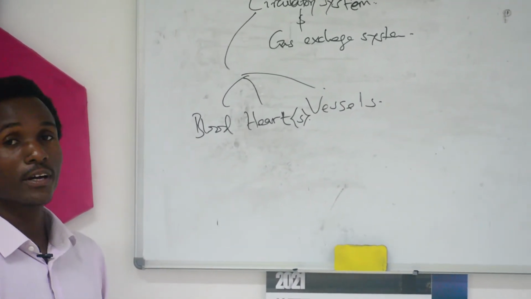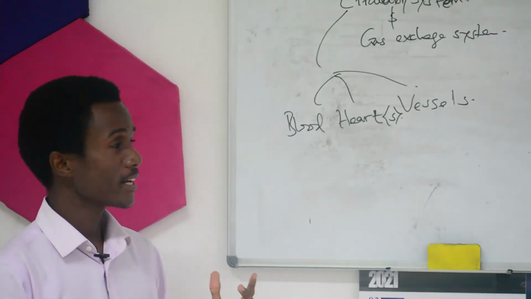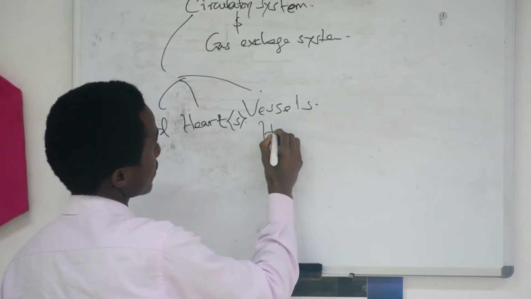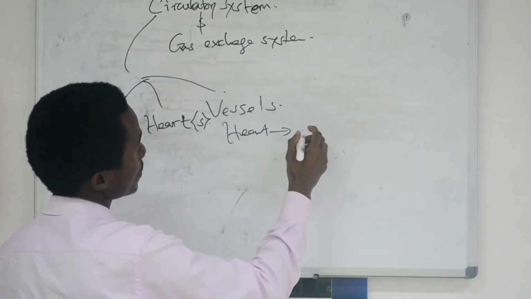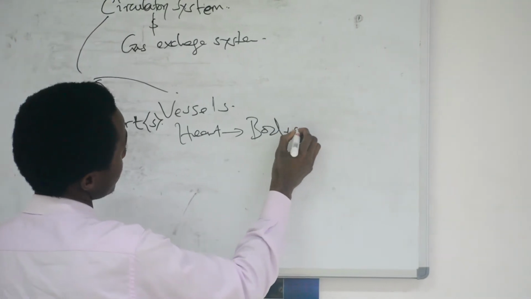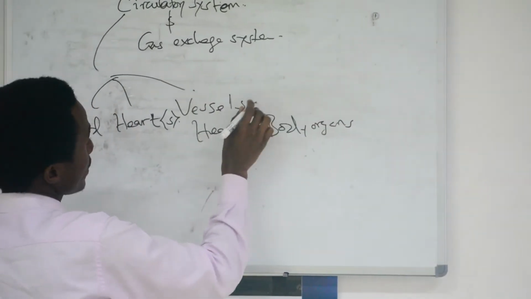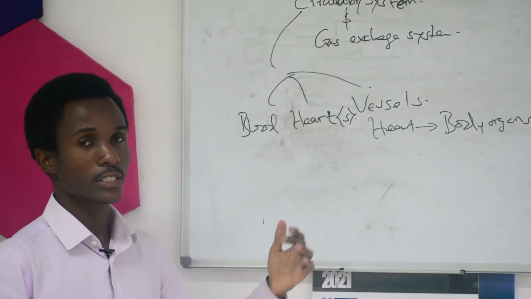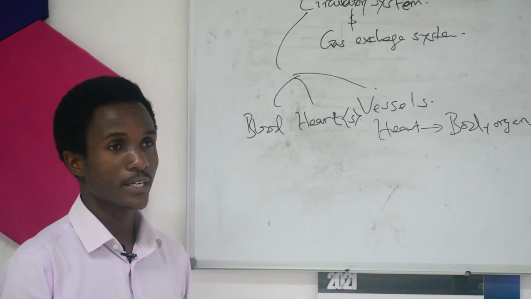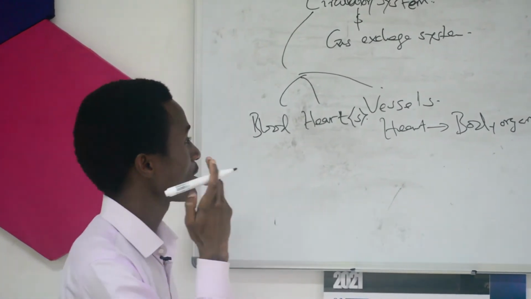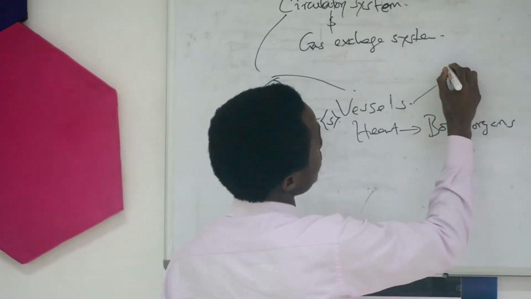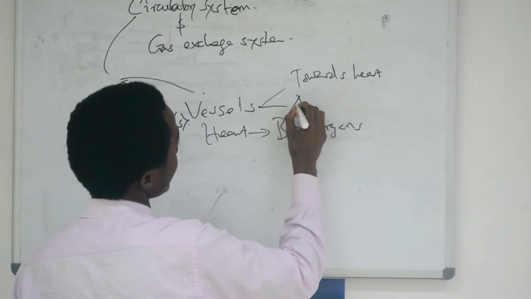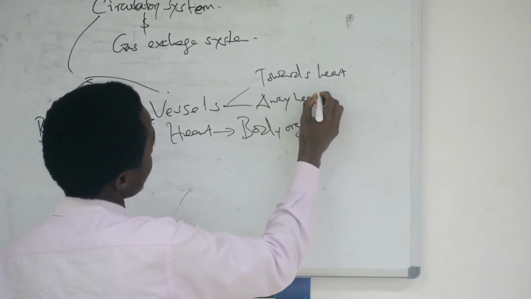These are tubes of various sizes which function to deliver blood from the heart to other body organs. And these vessels are classified in accordance with the direction in which they transport blood. There are only two possible directions, either towards the heart or away from the heart.